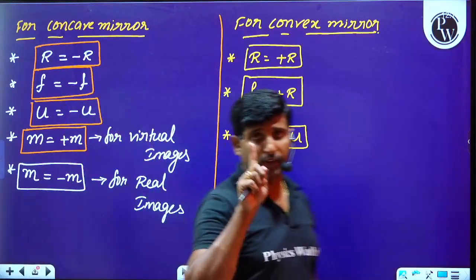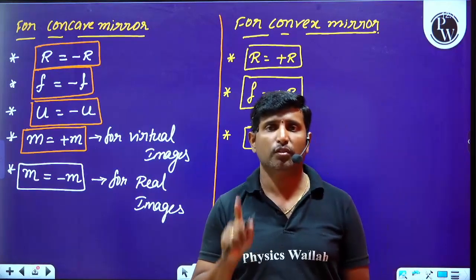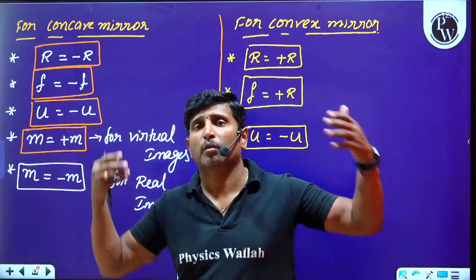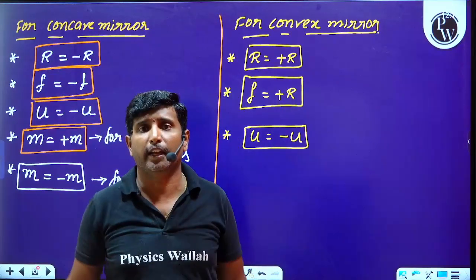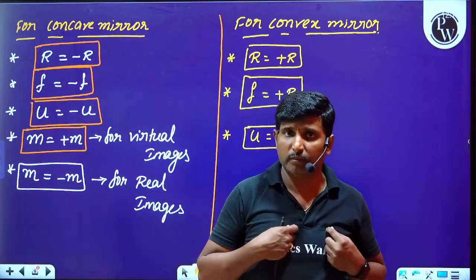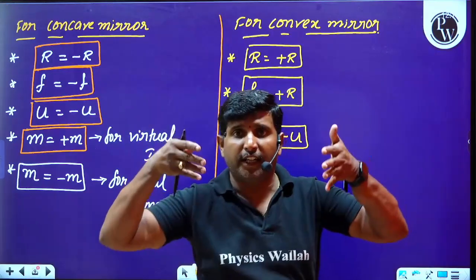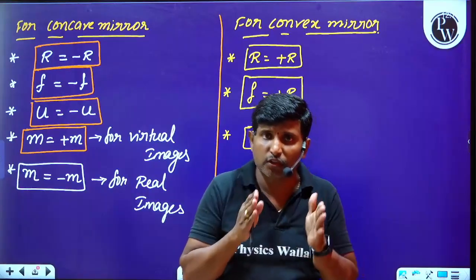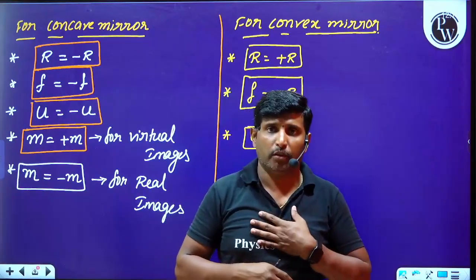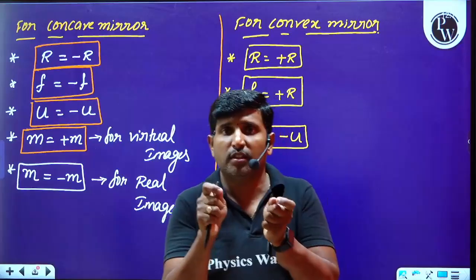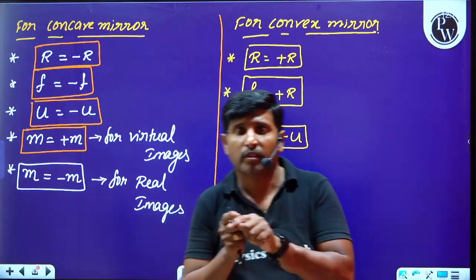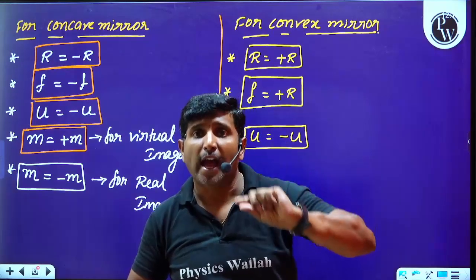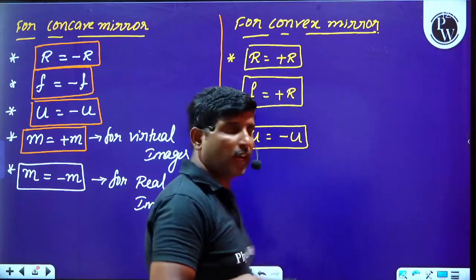Only in one case is the object distance taken as positive. What is that case? It is for a converging beam of light. If the incident light is a converging beam, in that situation we take the object distance as positive, because in that converging beam of light, the object will act as a virtual object.